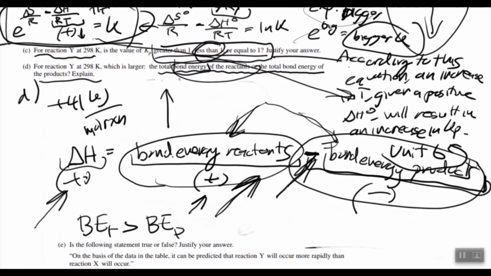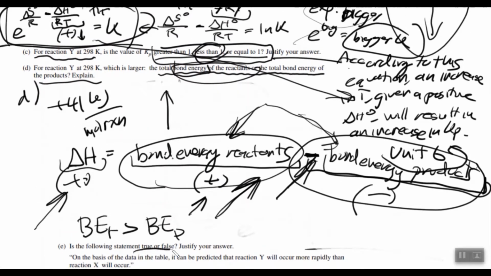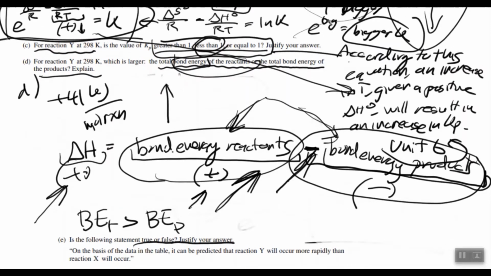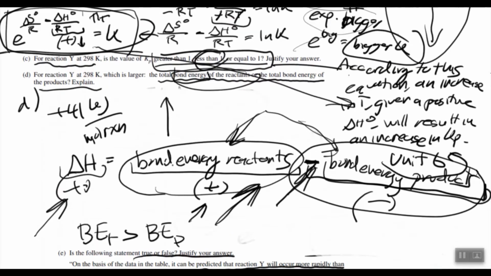Now let's take a look at E. Is the following statement true or false? Justify your answer. On the basis of the data in the table, it can be predicted that reaction Y will occur more rapidly than reaction X will occur. So let's take a look at what's going on.